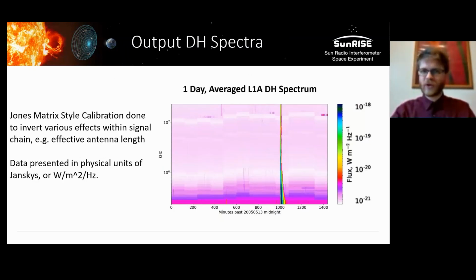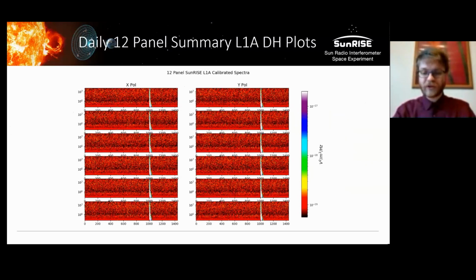After calibration, we get these averaged spectra that show very nicely the transient radio emission above the background. Since we have 12 signal chains across our 6 spacecraft, each spacecraft has an X and a Y polarization, we'll have nice summary plots like these, before we combine them into images.